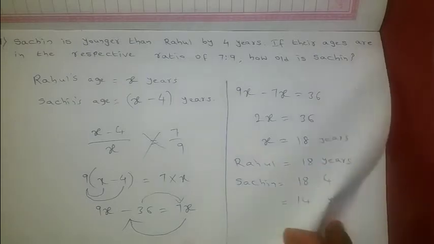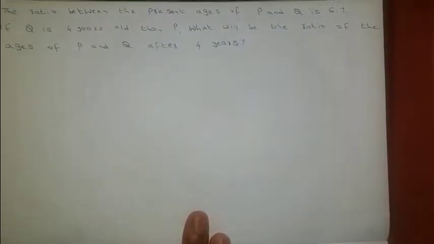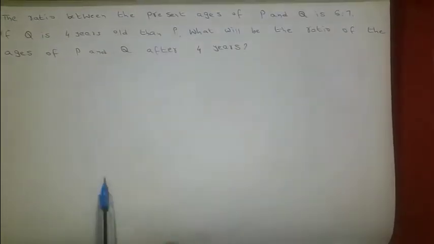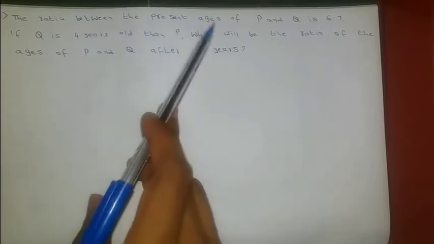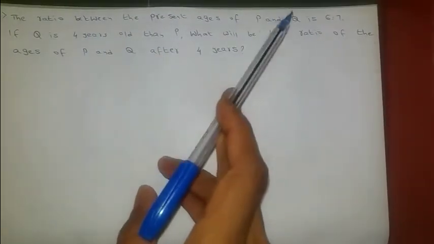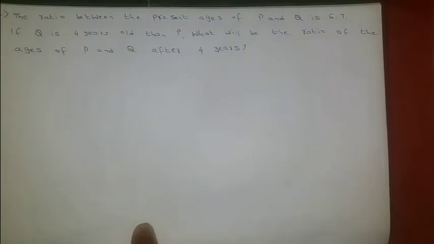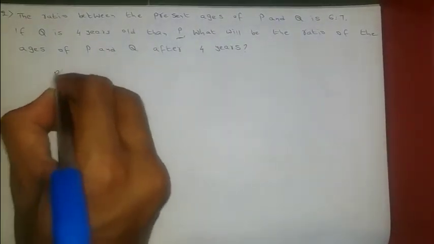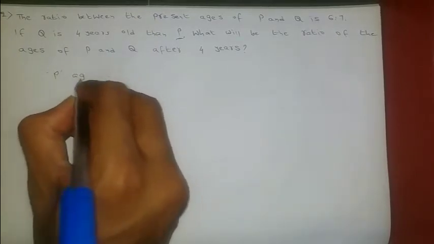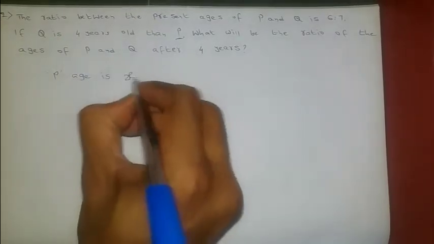Okay, let's move to the next question. The ratio between the present ages of P and Q is 6:7. Q is 4 years older than P. Here P is the last word, so P's present age is some constant x.